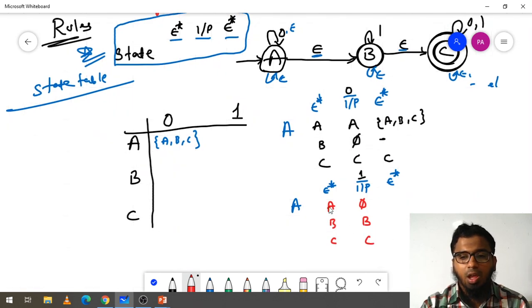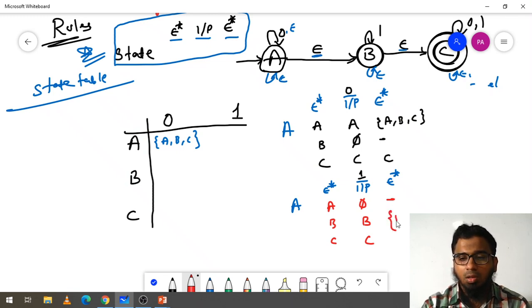Next, A on phi is nothing. B on B, what is the B epsilon closure? Here B epsilon closure means B is going with epsilon to itself, and B on epsilon is going to C. So what is the answer here?